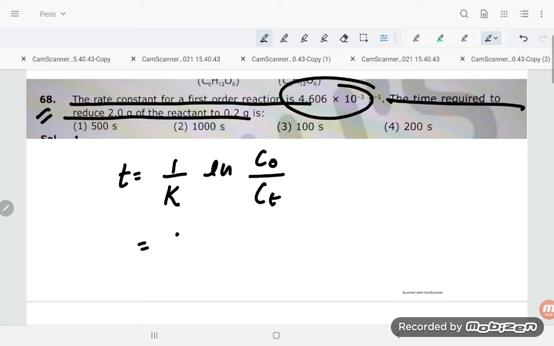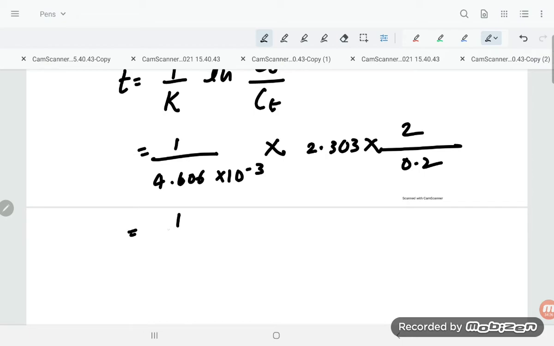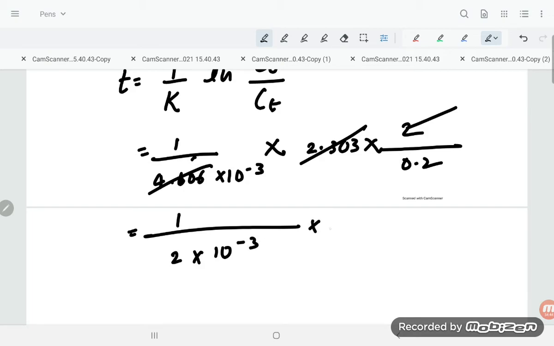Put the value: 1 upon the rate constant, 4.606 into 10 to the power minus 3, multiplied by ln, which we are converting into log, so 2.303 into log of C naught upon Ct, which is 0.2. Solve it out, student.